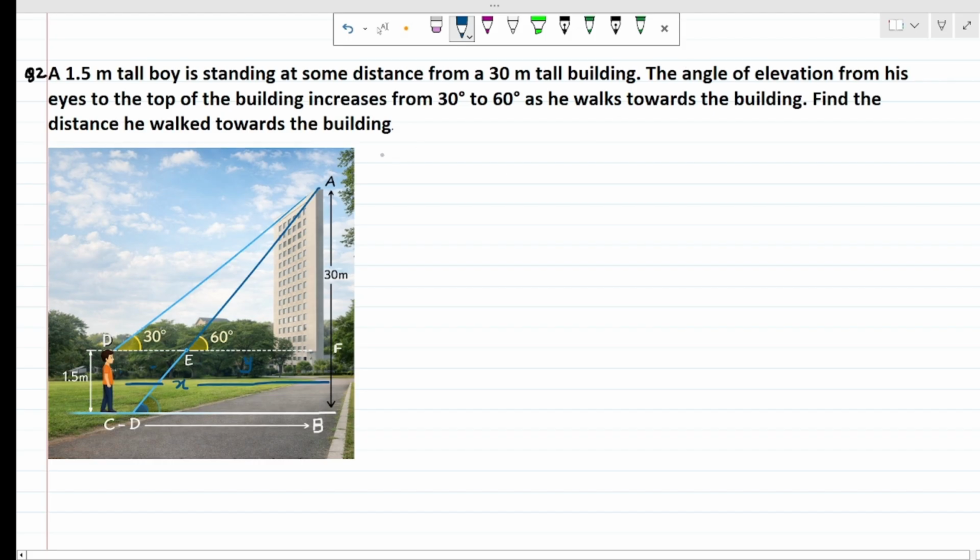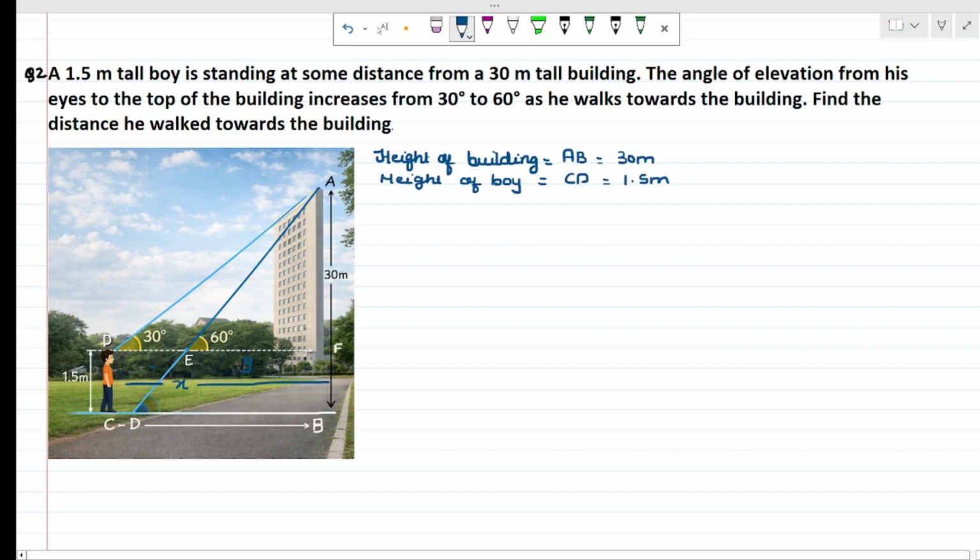So write over here that the height of the building, which is AB, is given as 30 meters. Whereas the height of the boy, which is my CD, is equal to 1.5 meters.